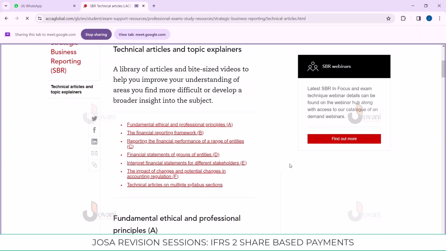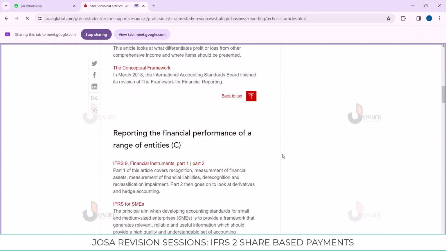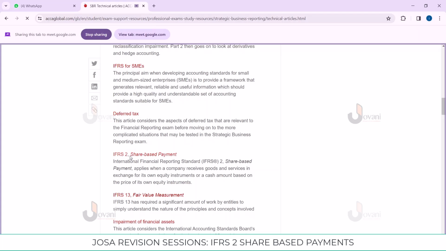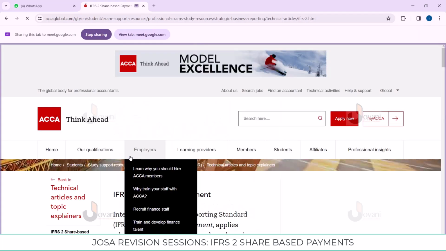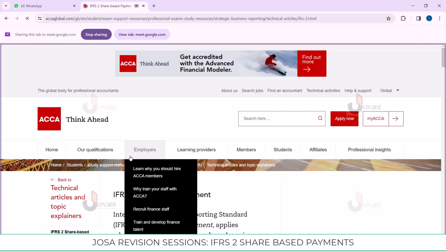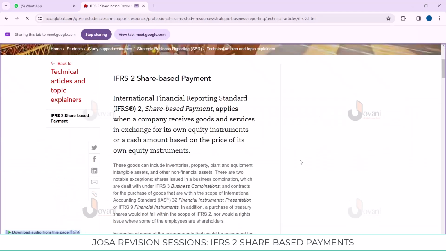There are different groups from A to F, and what we are looking for is under part C, which is IFRS 2 share-based payment. All right, so we are there, and I'm sure now at this point in time we have all covered this standard.